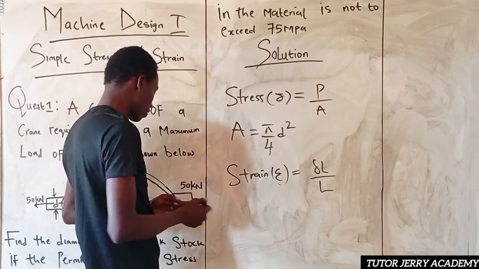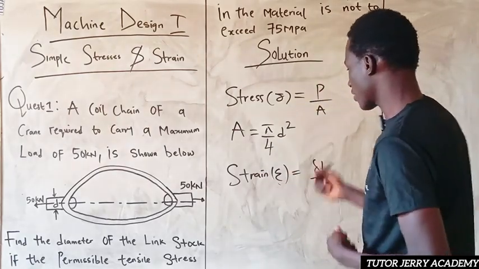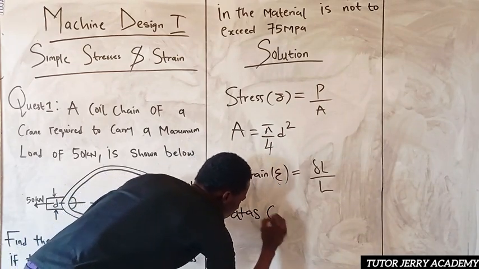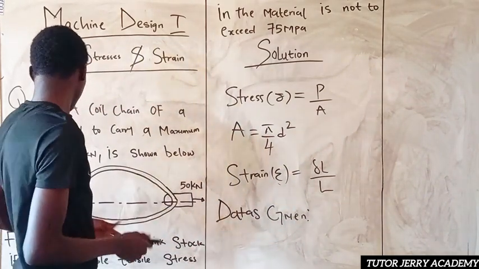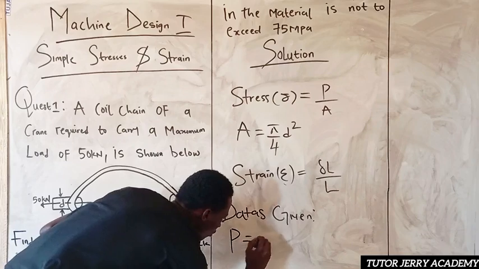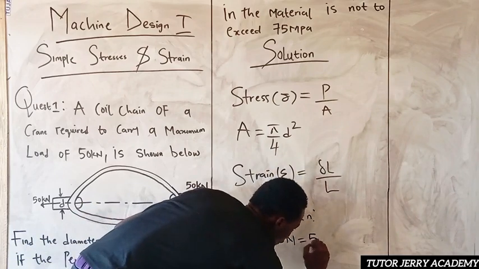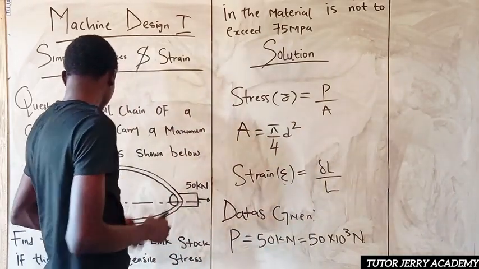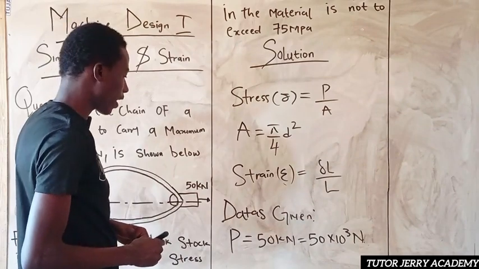So from here, of course, we can solve this question. So let's bring out our data. We can say data given. First, we are given a load of 50 kilonewton. So our load P is equal to 50 kilonewton, which is the same thing as 50 times 10 to the power of 3 newton. Secondly, we have a tensile stress of 75 megapascal.